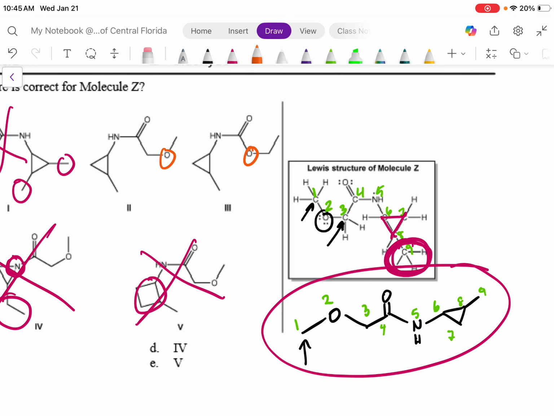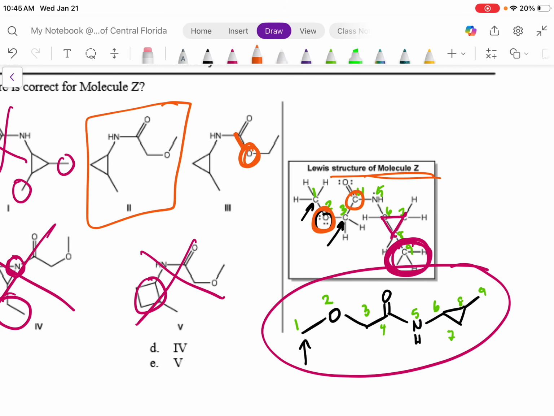So if we come back, here we see that the oxygen atom is not directly attached to the carbonyl. In molecule 3, we see that the oxygen is directly attached to the carbonyl carbon. And that is not what we see in molecule 2. So that would by default have to be the correct answer.